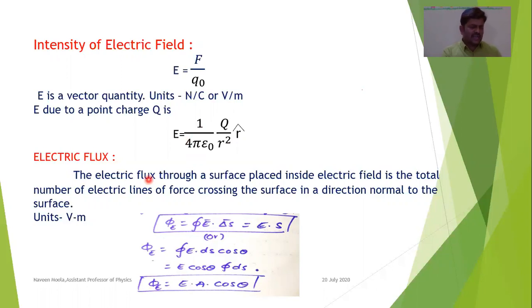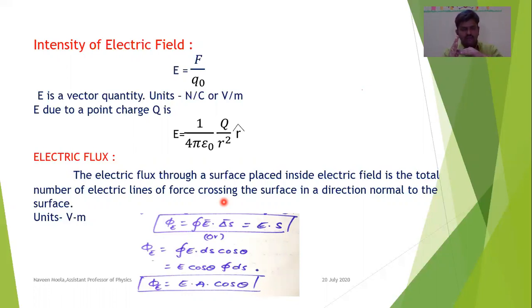Then we saw electric lines of force. From that we defined electric flux. Electric flux is the number of lines crossing through any area normal to it. Number of field lines crossing through any area normal to it are known as electric flux through that area. Flux is nothing but flow of field lines.